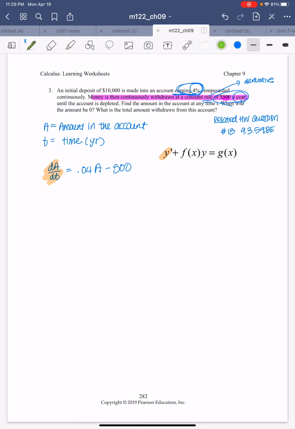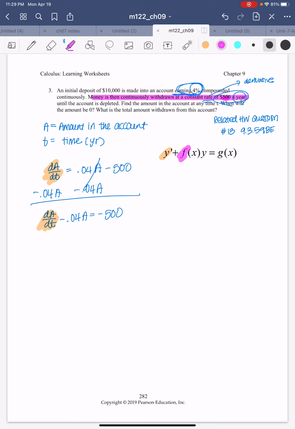So I'm going to be subtracting 0.04A. So we have dA/dt minus 0.04A equals negative 500. Now we have a function written in standard form.